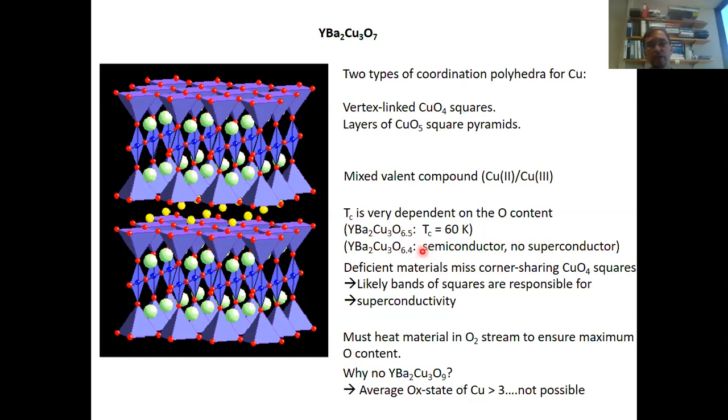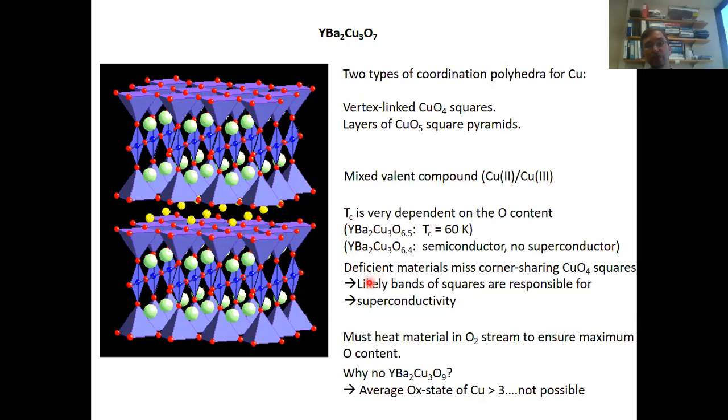Closer inspection reveals that when we remove more oxygen, we actually remove oxygens from these corner sharing CuO4 squares. It seems like this structural motif is very important for the superconductivity. If we remove too many oxygen atoms from them, then our superconductivity breaks down.